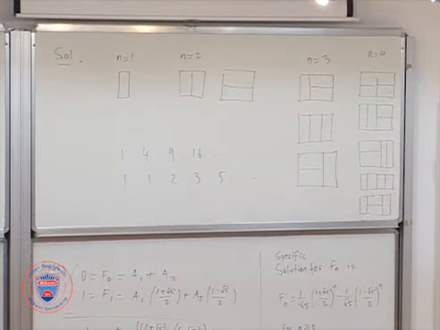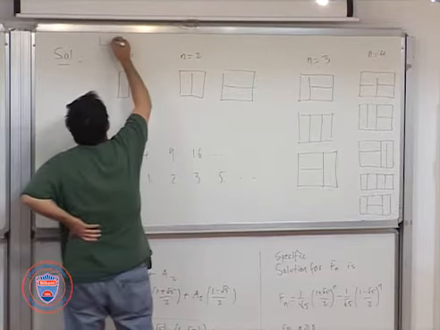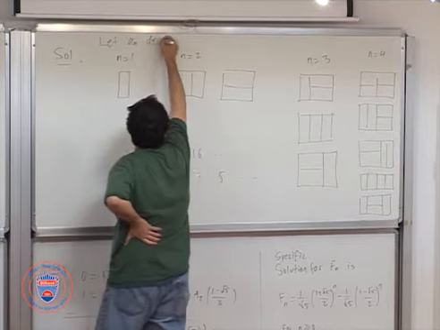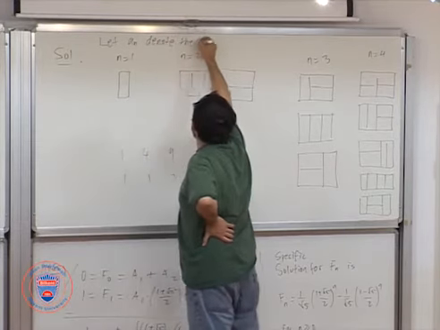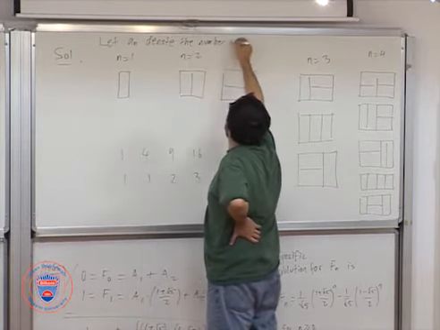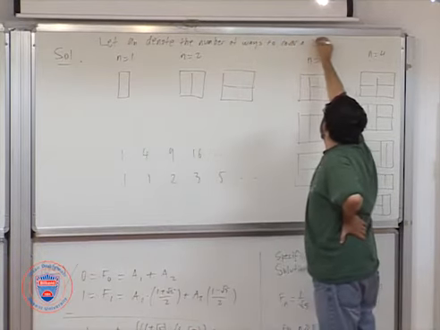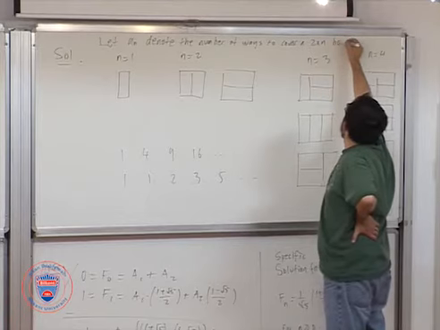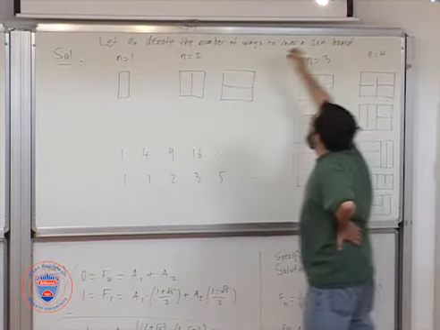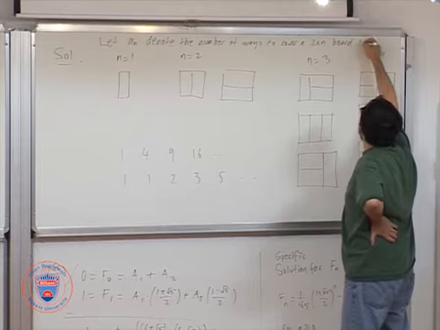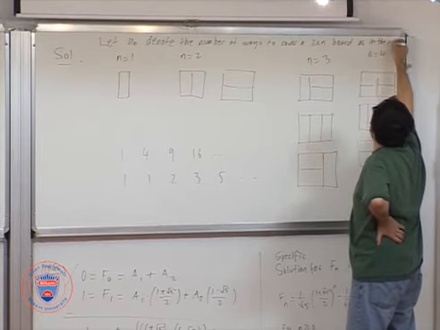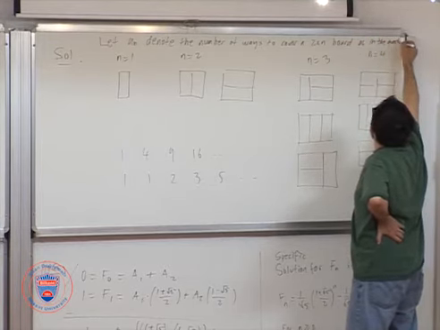So which sequence does it look like? Let a_n denote the number of ways to cover a 2 by n board, as in the question, with these dominoes.